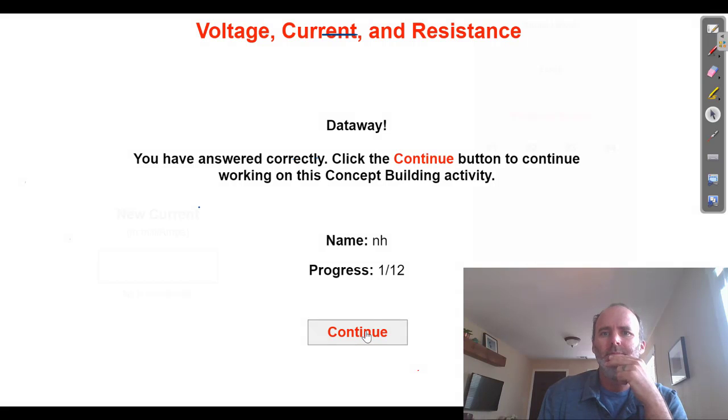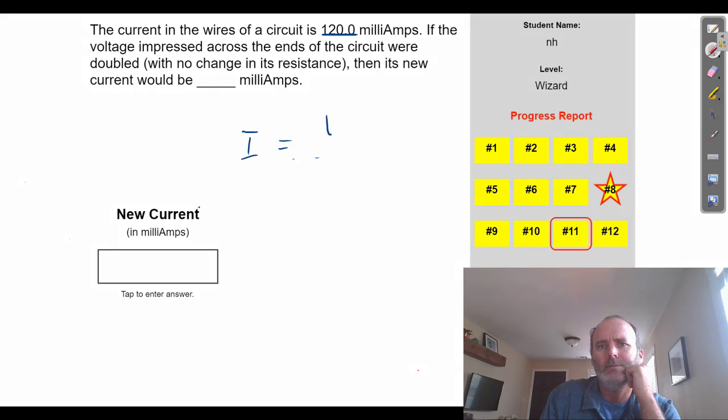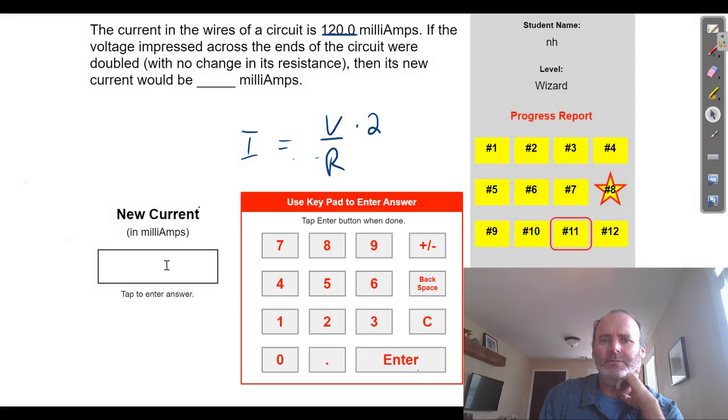Next one. The current is 120. We're going to set this up again. If the voltage of the circuit were doubled, and no change in the resistance, this one's pretty easy. That would be 240.